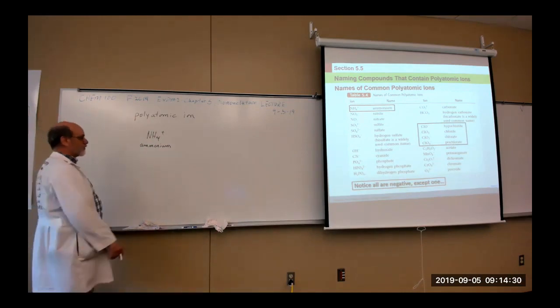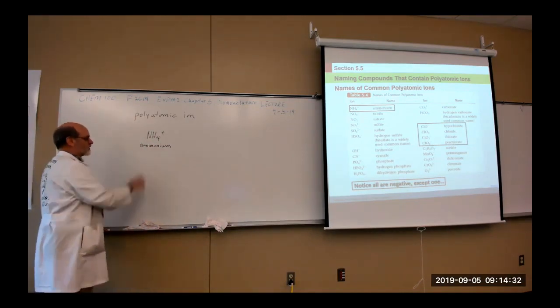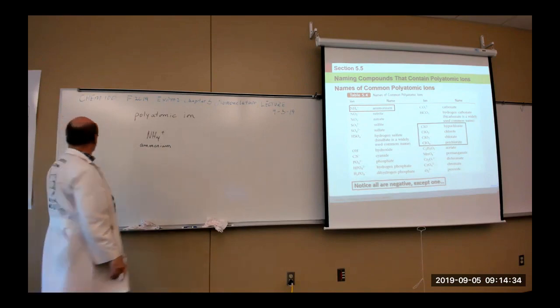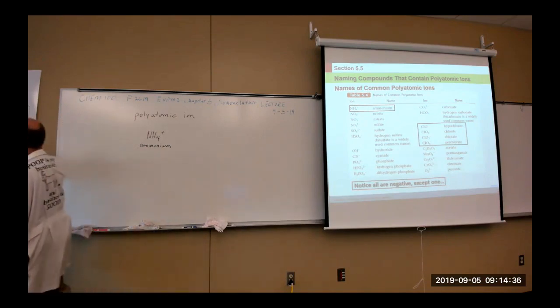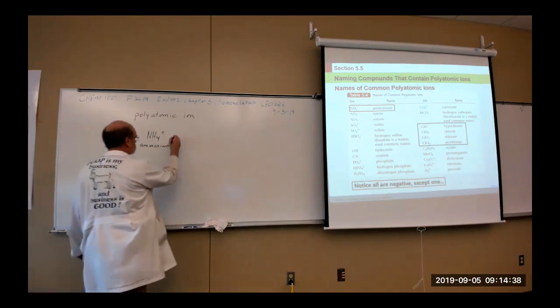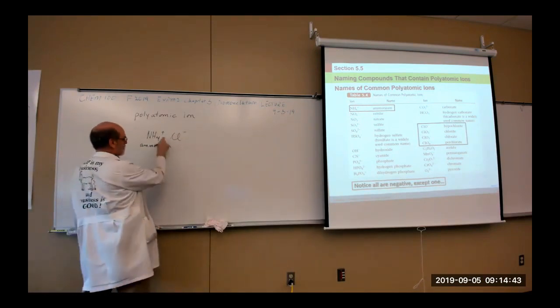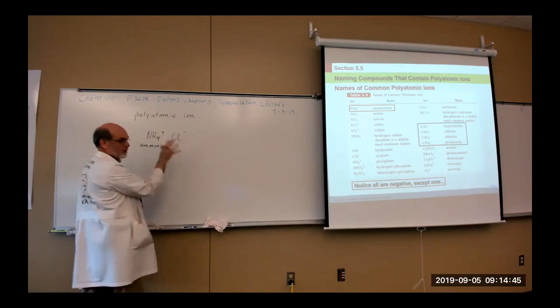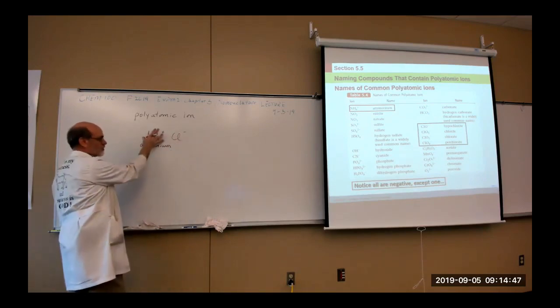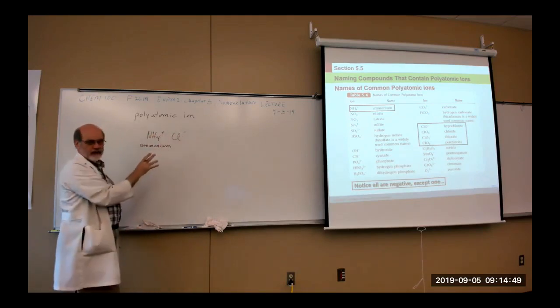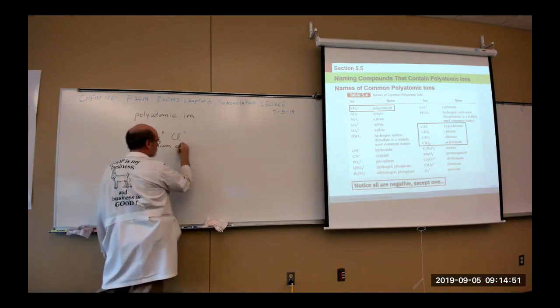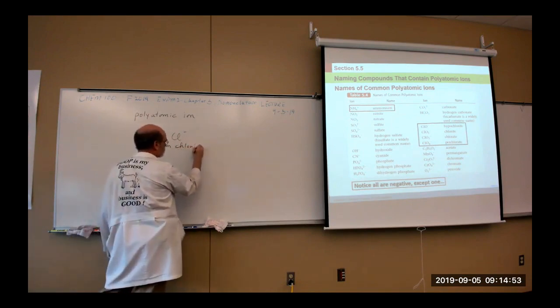Okay? So if we formed a compound with this polyatomic and say, let's keep it simple, chlorine. That's a +1, that's a -1, it's balanced. One of these groups, one of those anions: ammonium chloride.